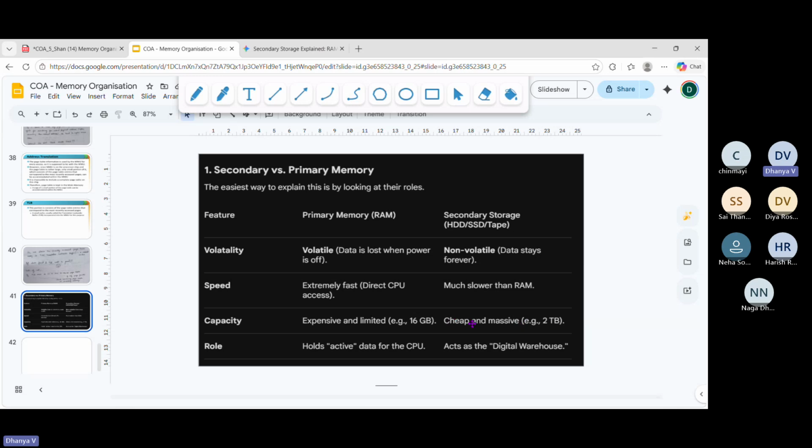The access time for secondary memory is also much more than for primary memory. Primary memory holds active data for the CPU, while secondary storage acts as a digital warehouse that just stores the values. Here it's just volatile memory that stores the current value only. That's all. There are a lot more stories and pictures on secondary memory, which we might cover for NSEM, so we'll deal with it then. For now, I just gave a brief on it.